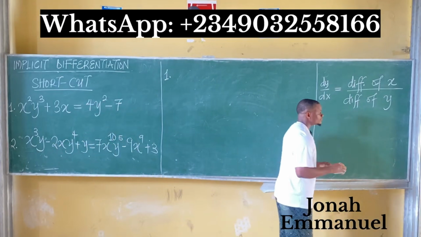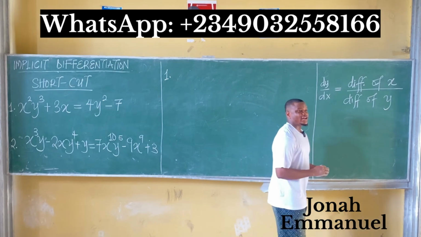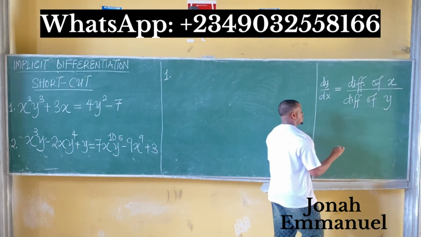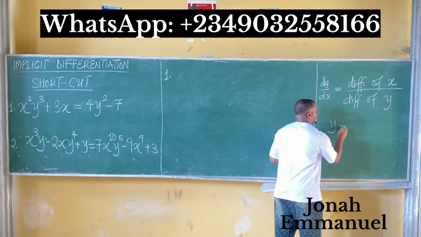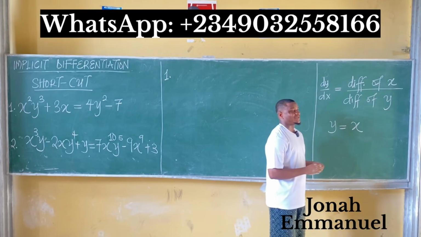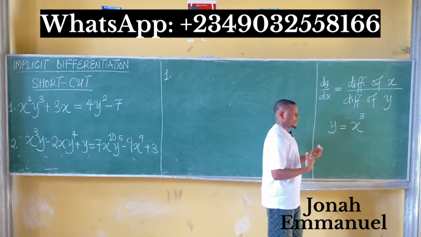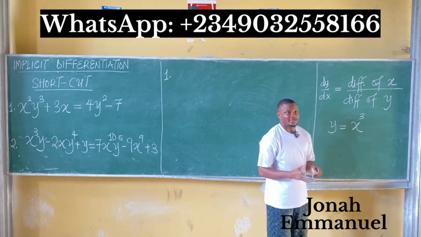What else? In normal differentiation, I know very well that my pattern is usually y equal to something in x. Let's say you have y equal to x cubed over 3. Then you find dy dx, it gives you x squared.